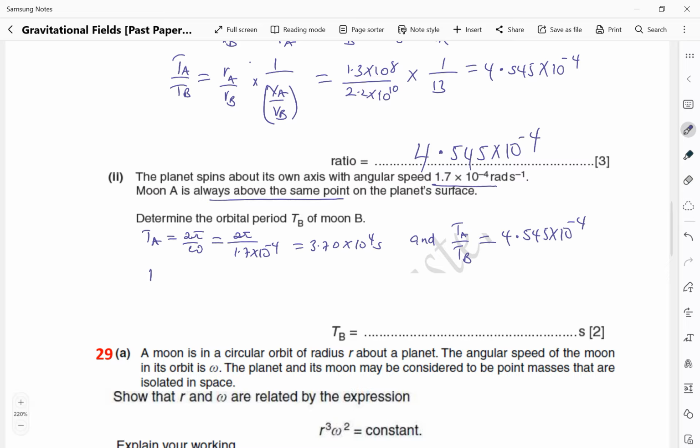It means that the period of B should be equal to the period of A divided by 4.545 times 10 to the power of minus 4, which is 3.70 times 10 to the power of 4 divided by 4.545 times 10 to the power of minus 4.